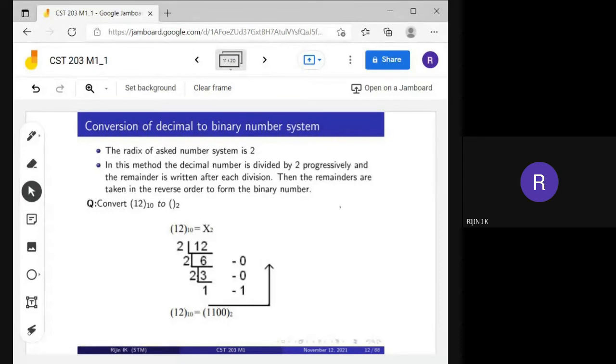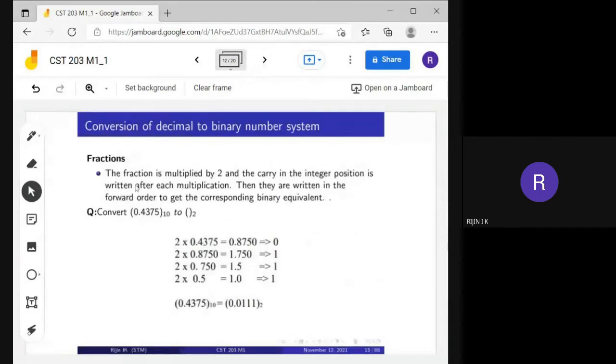Suppose it is a fractional number, what you have to do? You have to perform repeated multiplication operations. In each multiplication, for each result you need to collect the integer part.